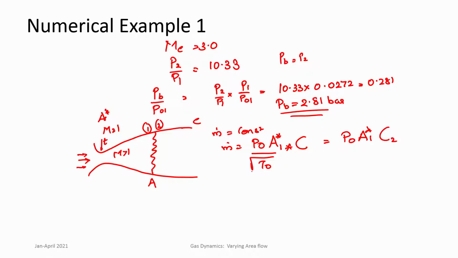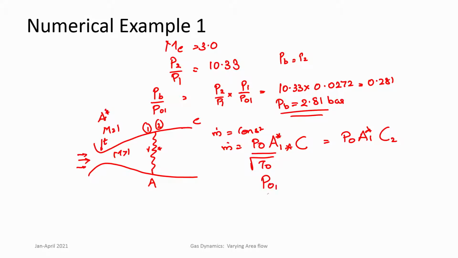P0 is not constant, rest everything are constants, so something else must have changed. So yes, it would have changed, that is the area ratio for that particular Mach number after the shock. Before the shock you have a supersonic Mach number, after the shock there is a subsonic Mach number. If you calculate the star area for that subsonic Mach number, it will not be equal to A1 star.